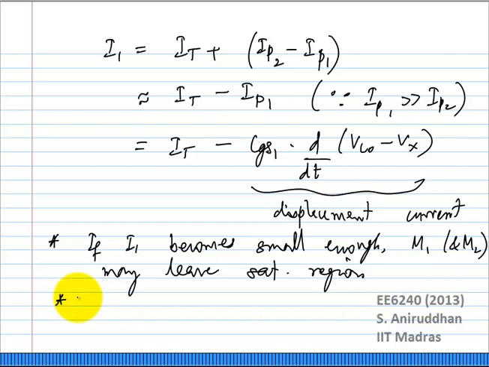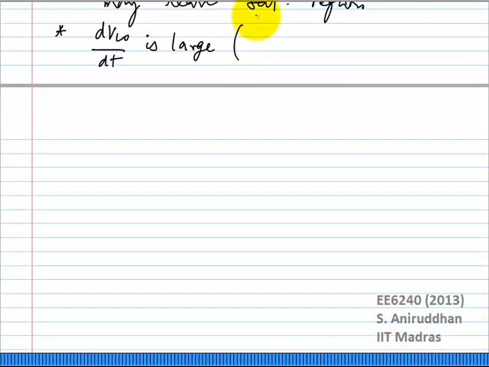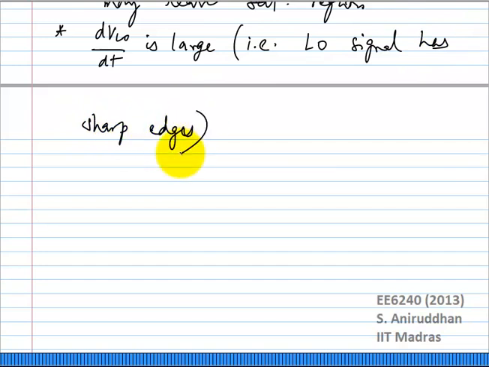In other words, if dLO by dt is large, that is, if the LO has sharp edges, this makes it more nonlinear.